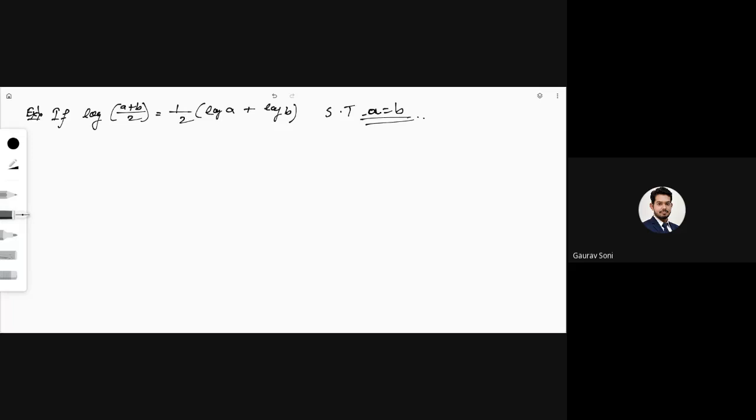So consider the given equation. If anyone has any idea, you are free to talk about it, or else I'm going to do it. Log of a plus b by 2 is equal to 1 by 2 log a plus log b. This is given to us. Somehow I need to show that a is equal to b.